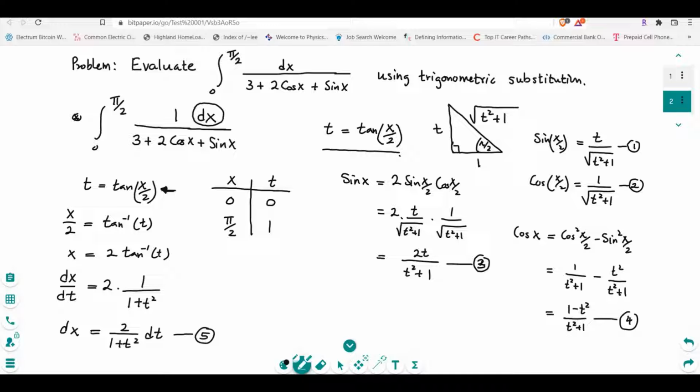So now we are ready to substitute, so we can transform this integral from x variables to t variables. So now let's try to do that, and then we'll move forward from there.